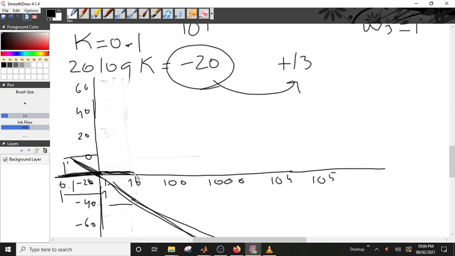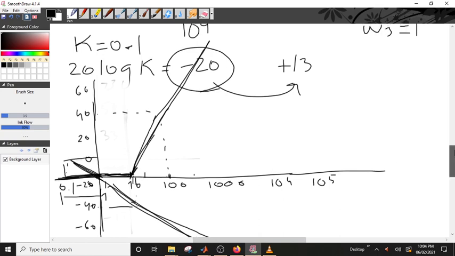So we hit the break frequency here at 10, and we move on per decade. Its decade starts from 10, so it will end at 100, right? If it started at 50, it would end at 500, but it starts from 10, so it ends at 100. In this distance it should cover 40 dB, and similarly it will go on like this. So that's the second line.